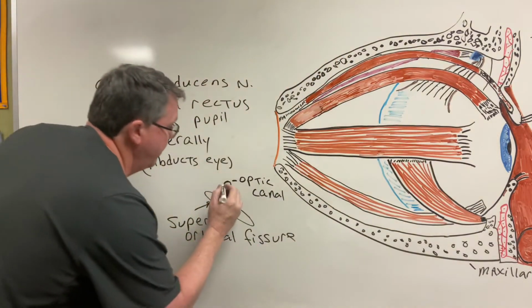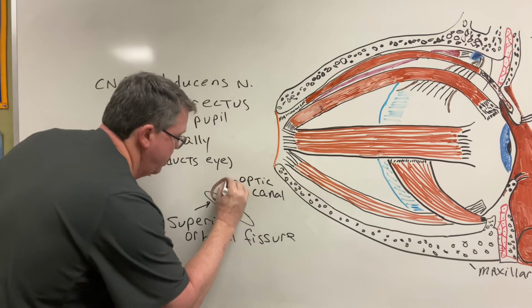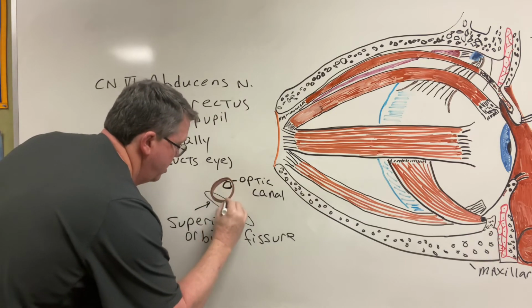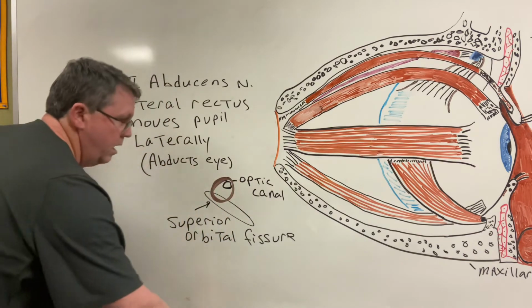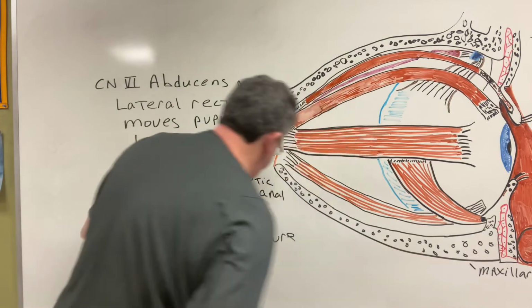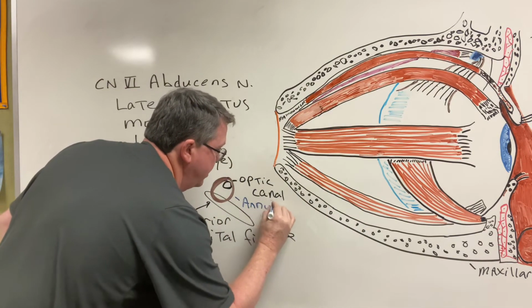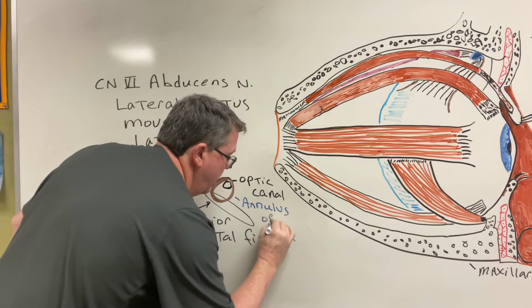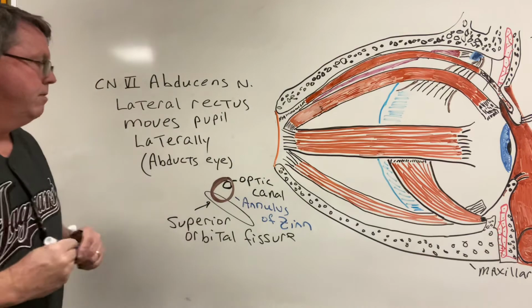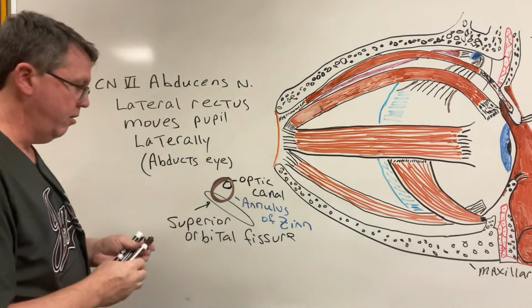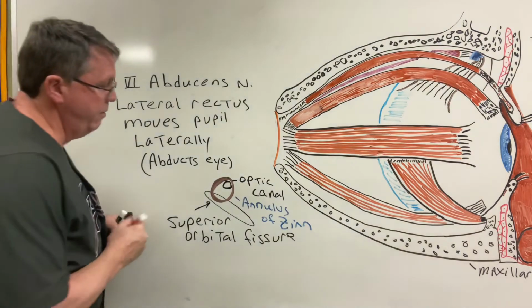If I were to draw a structure that goes around this like this, this would be the, let's use blue, annulus of Zinn. Okay?